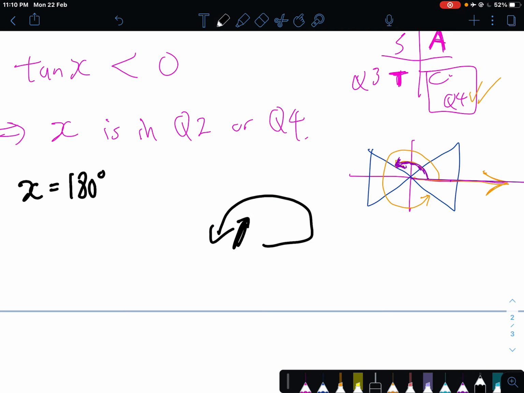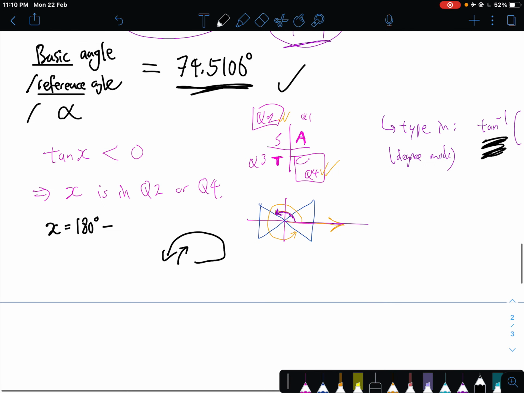When you go back a little bit, you have to minus a certain angle. And what is that angle? It is your reference angle, 74.5106. I'll just use the approximation already at this stage.